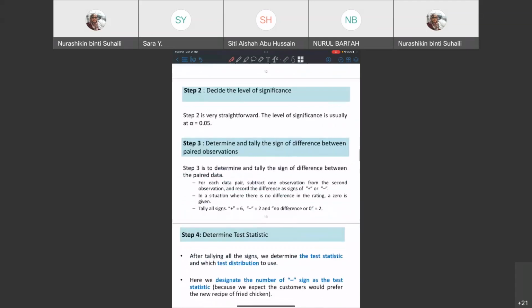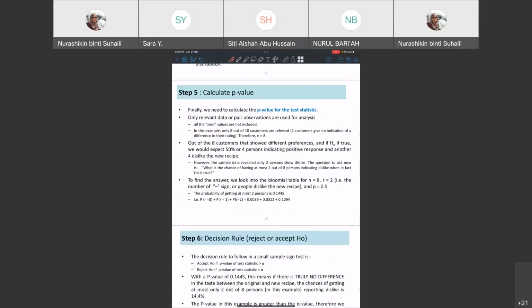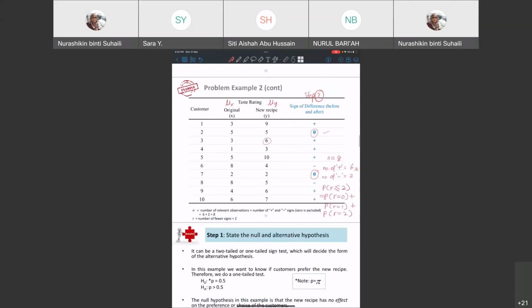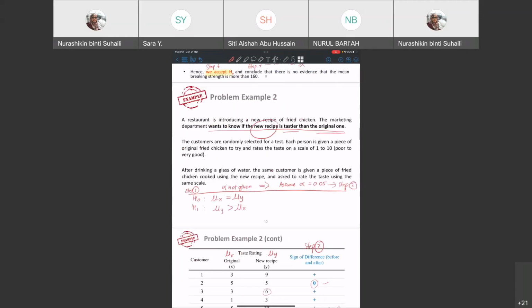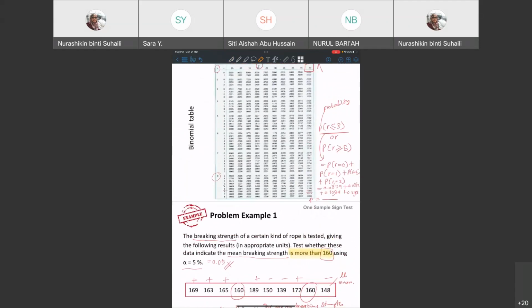When you look into the table, we get the table for n equal to 8. So this is the value that we are looking for: 0, 1, 2. So P(R less than or equal to 2) is equal to 0.0039 plus 0.0312 plus 0.1094.